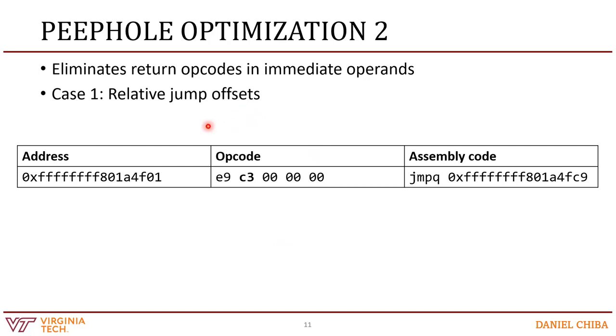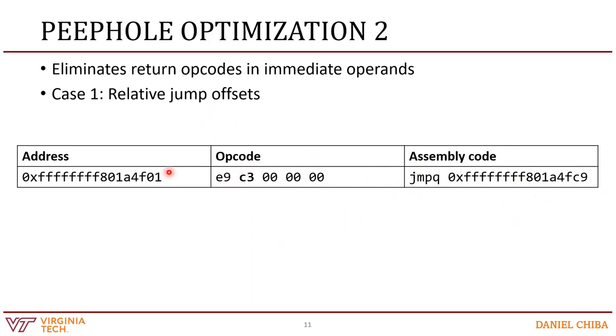Like we saw earlier, one case is relative jump offsets. And so, with this assembly code here, C3 doesn't appear anywhere over here, but this is actually produced by the disassembler, and this address is an absolute address, whereas what's actually encoded in machine code is a relative address.